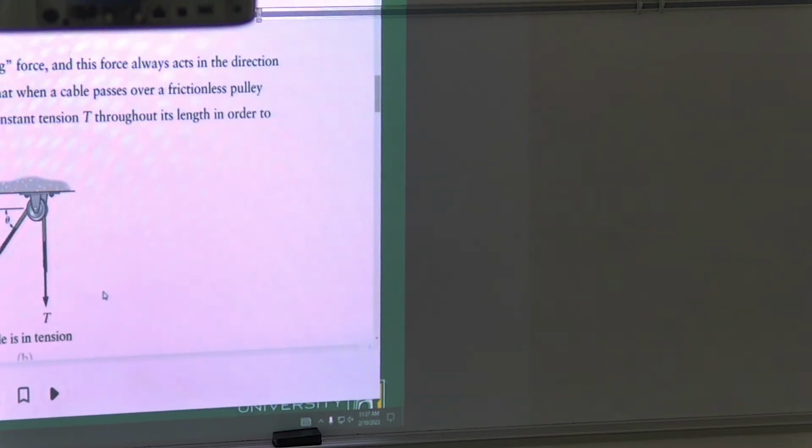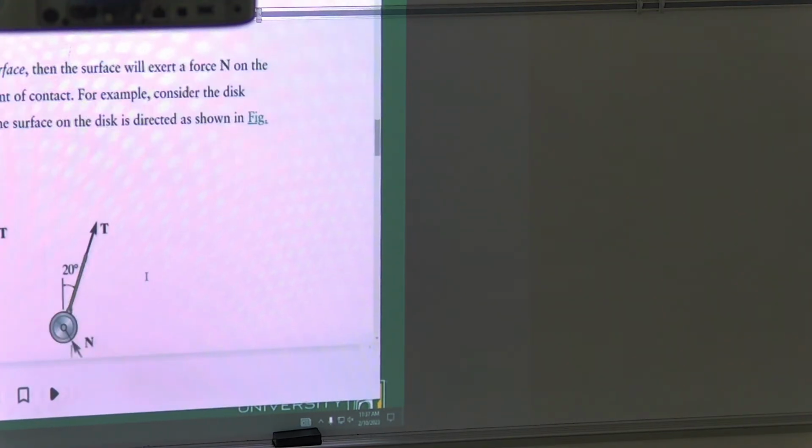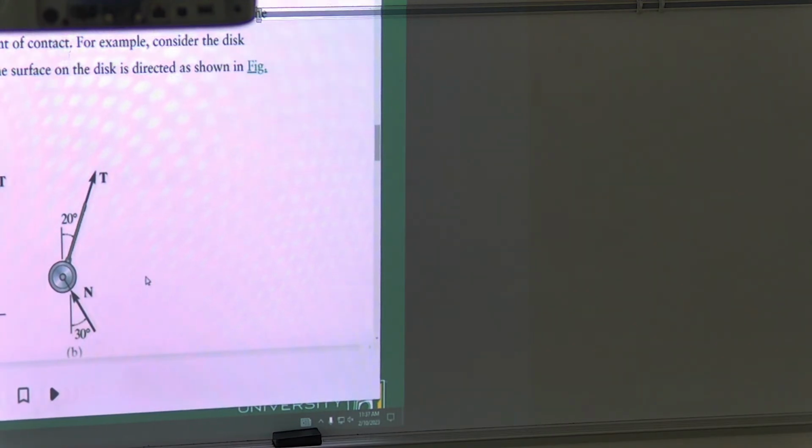Then there's cables and pulleys. Usually we're assuming there's no friction here, or no binding of the pulley, so the tension on either end is the same, if the object is not moving. And we're in statics, so it's not supposed to move. And then you've got something called smooth contact.